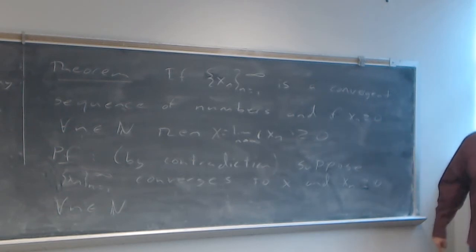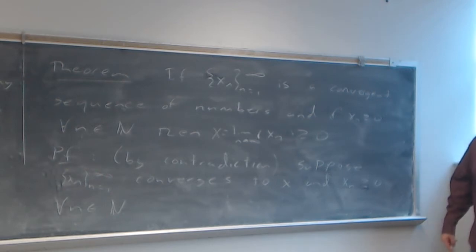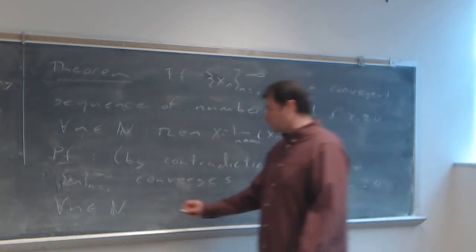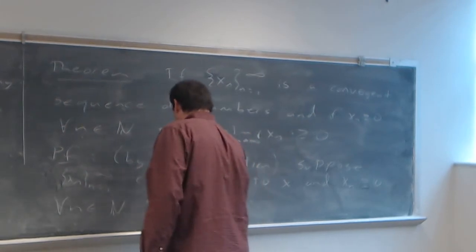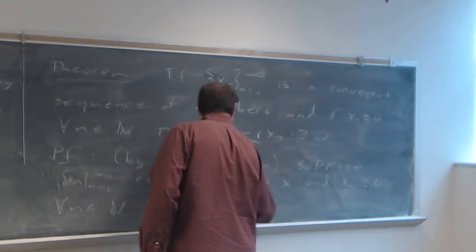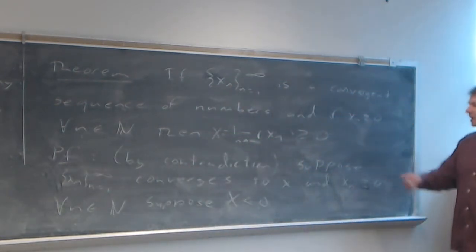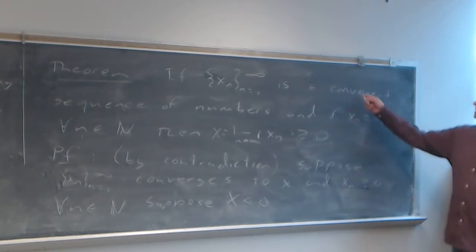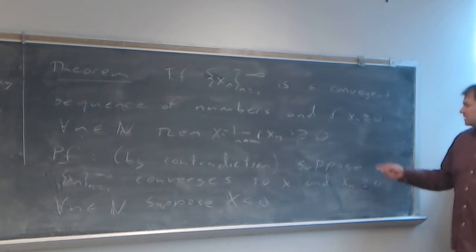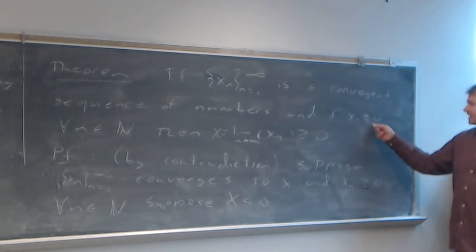The x itself is going to be assuming the opposite for the contradiction, Corey. We will suppose x is less than 0. So let me stop for a second. Remember, by contradiction, you suppose the if part. I'm supposing the x of n converges, so it converges to x, and part of the if part is that each term of the sequence is greater than or equal to 0.